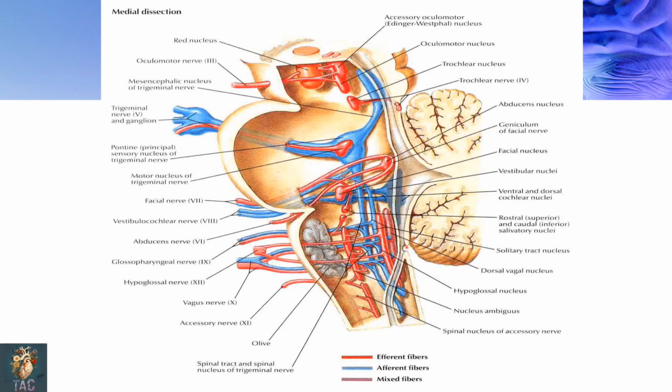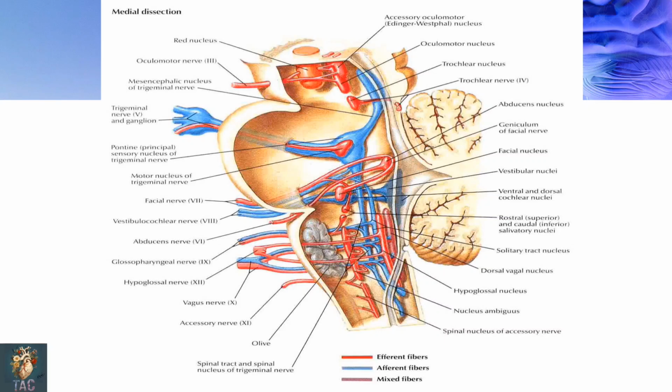Then most posteriorly here you can see the dorsal vagal nucleus, and then the motor nucleus of the 12th cranial nerve, that is the hypoglossal nucleus. Then anterior to the hypoglossal, this blue color nucleus is that of the solitary tract, or tractus solitarius. Then this one is, as I have told you, the spinal nucleus of the trigeminal nerve.